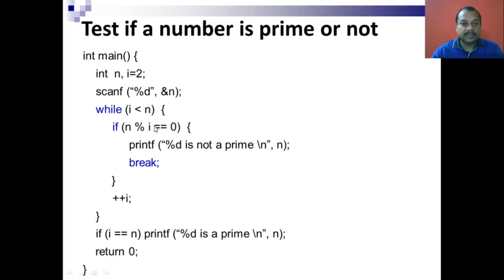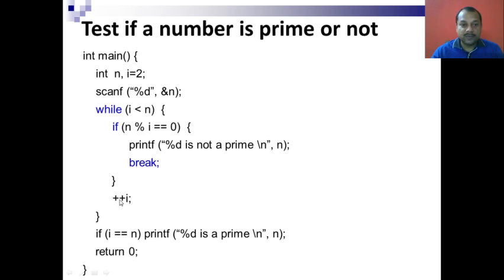Say, for example, if I take 31, then from 2 to 30 I will not find any i by which n divided gives 0. The printing statement is not important. The main important statement is this break. If it is not true, the break statement will not be executed, and the loop will keep on moving until the condition holds, that is, i less than n.